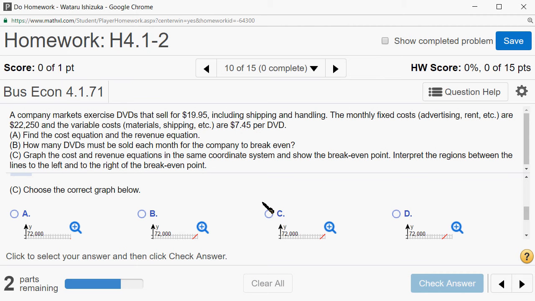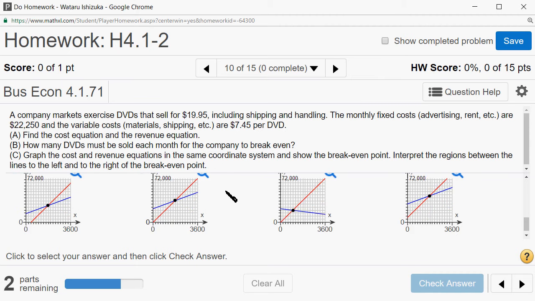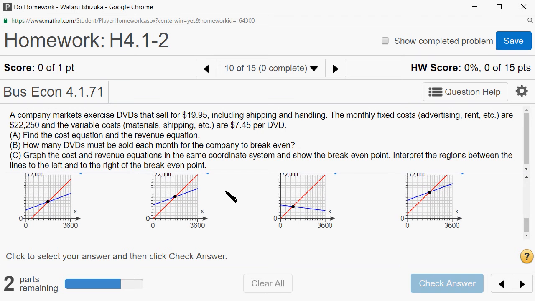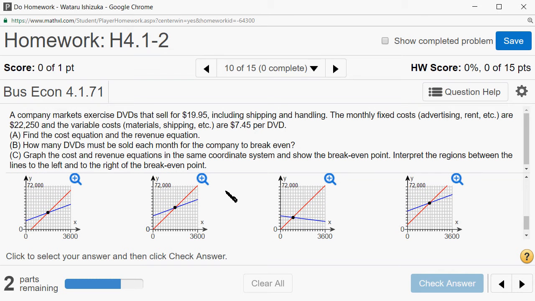Alright, then we want to find the graph of the cost function and the revenue function. Alright, so let's look at this. Right, since the revenue function is just 19.95x, the y-intercept should be 0.